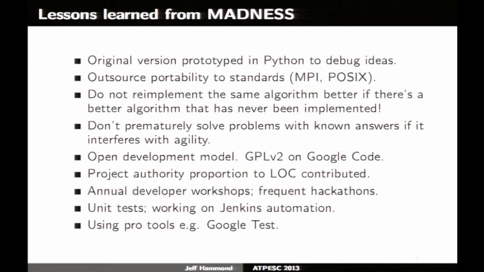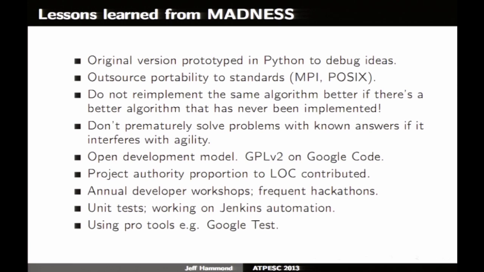So the better algorithm in this case is the integral equation formulation of quantum mechanics that allows you to get a whole bunch of different properties, and nobody had really implemented that in a general way before. And so it's an opportunity to do something new from an algorithmic sense, a method sense, and do a new parallel way. So you get something new in multiple axes, and it's interesting.